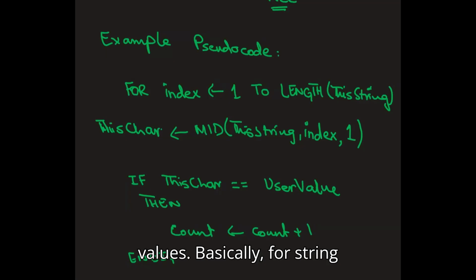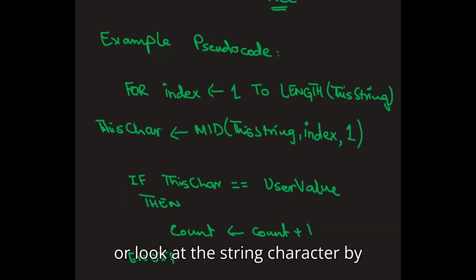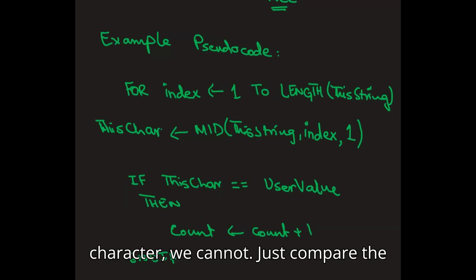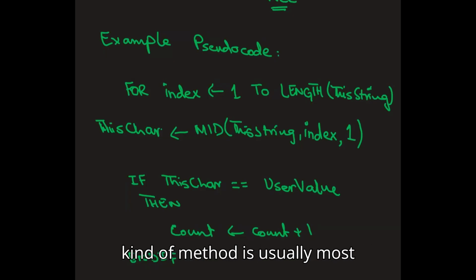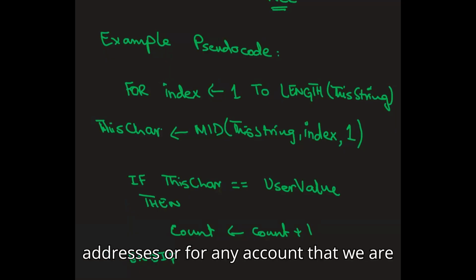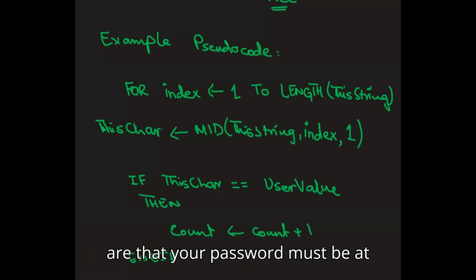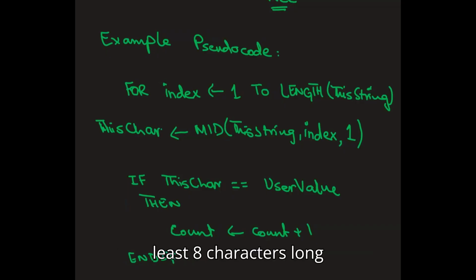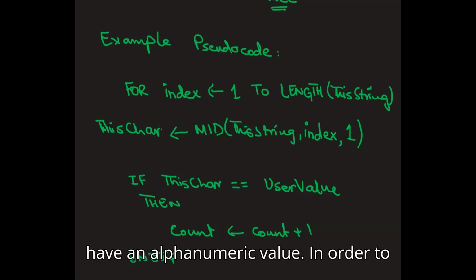So basically, for string manipulation, we need to extract or look at the string character by character. We cannot just compare the character with the string directly. This kind of method is mostly used in password checking. For example, if we are generating a password for our email addresses or for any account that we are making, and the requirements are that your password must be at least eight characters long, and it should have numbers, it should have an alphanumeric value.